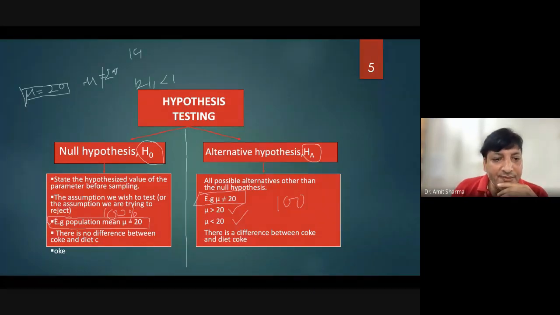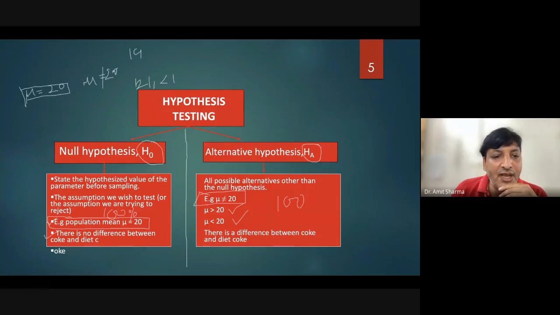One more example I have quoted. For example, we have two different types of coke available in the market: the first we call simple coke, and the second we call diet coke. As per the null hypothesis, we can say there is no difference between the diet coke and the simple coke.